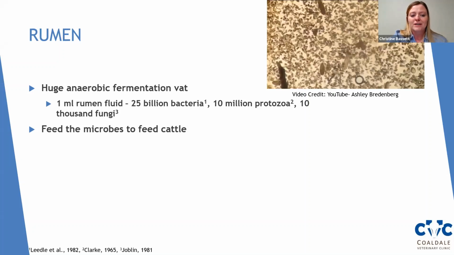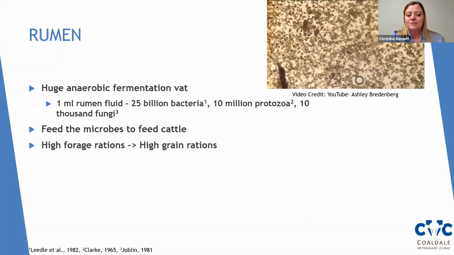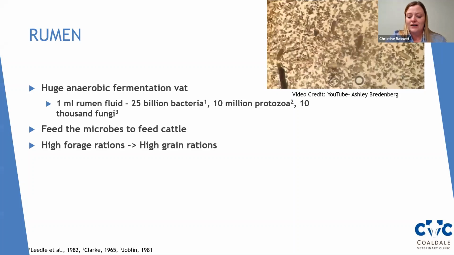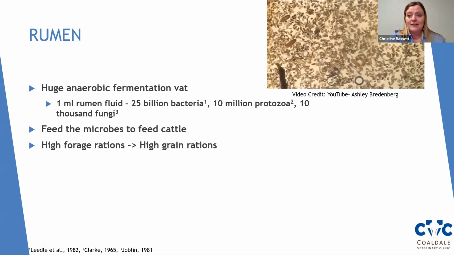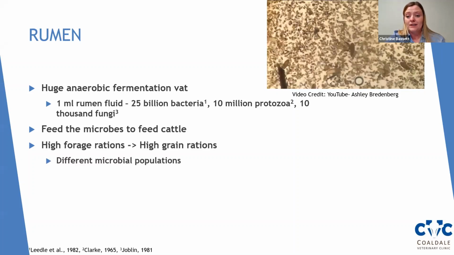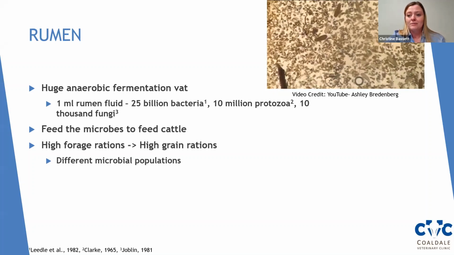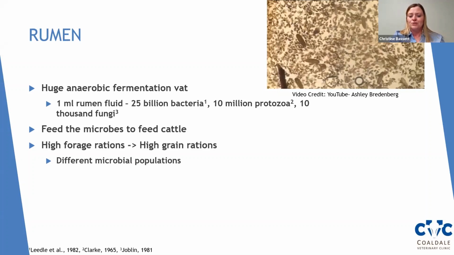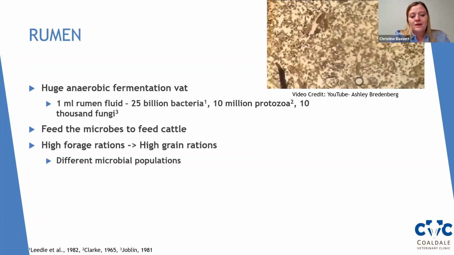So when we are switching from high forage rations to high grain rations, we really need to keep in mind that there are different microbial populations in charge of digesting those two different fractions.